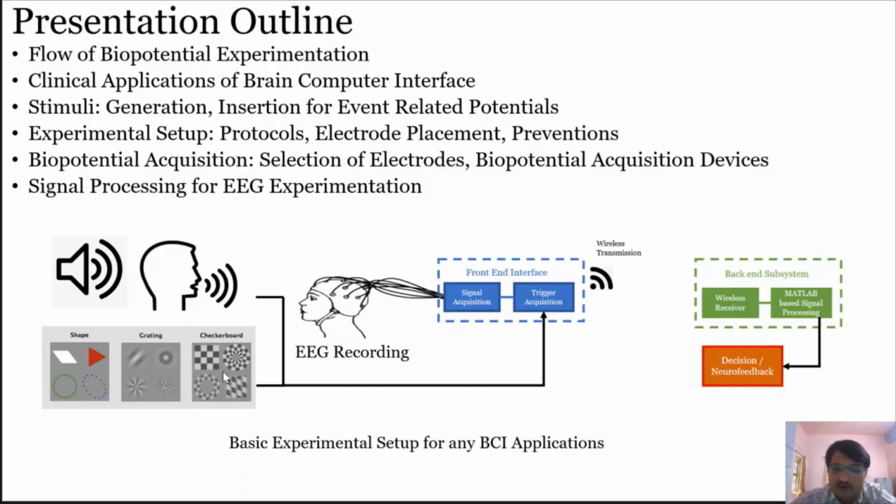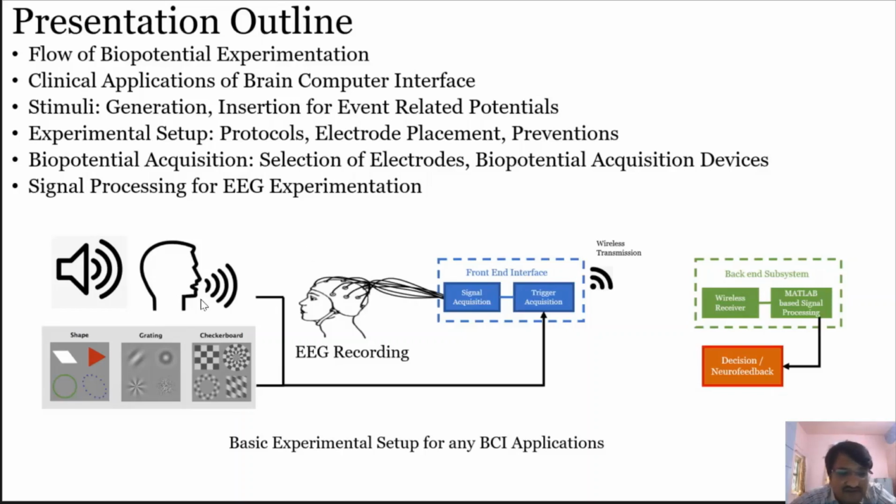And one more prominently used visual stimuli is the checkerboard. A checkerboard is nothing but a chessboard, if you have seen one. And the inverted checkerboard visual stimuli is very prominently used in many of the visual evoked potential testings.